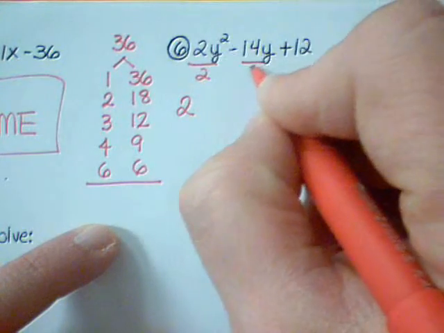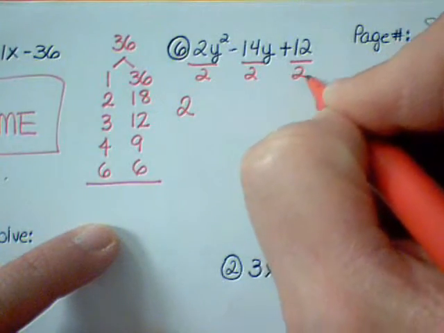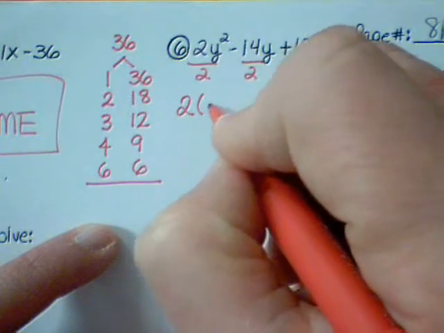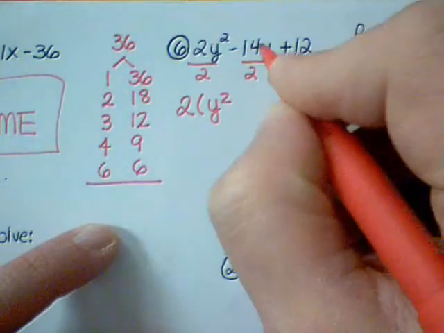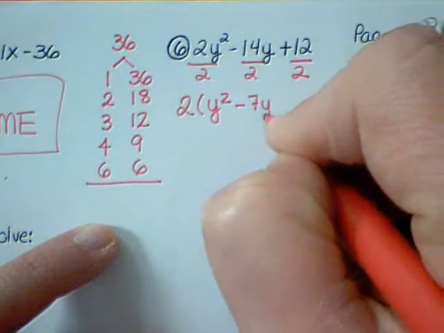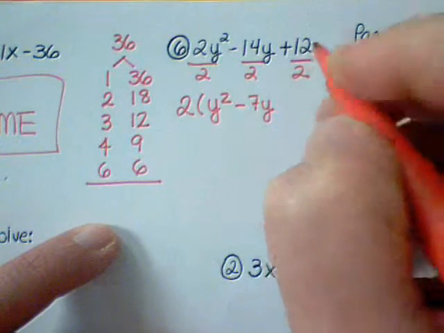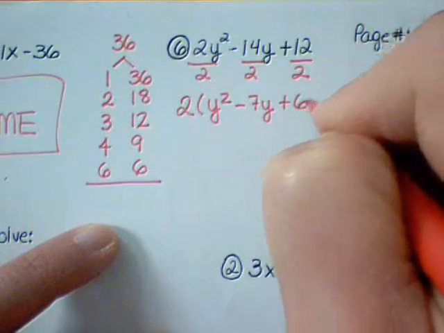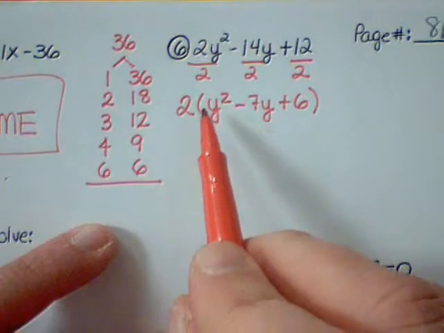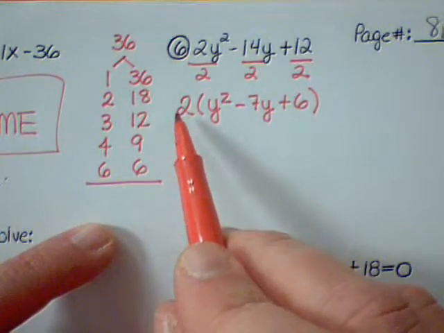Let's go ahead and divide each term by 2 and see what happens. Well, 2y squared divided by 2 will be y squared. 14y divided by 2 will be negative 7y. And 12 divided by 2 is 6.